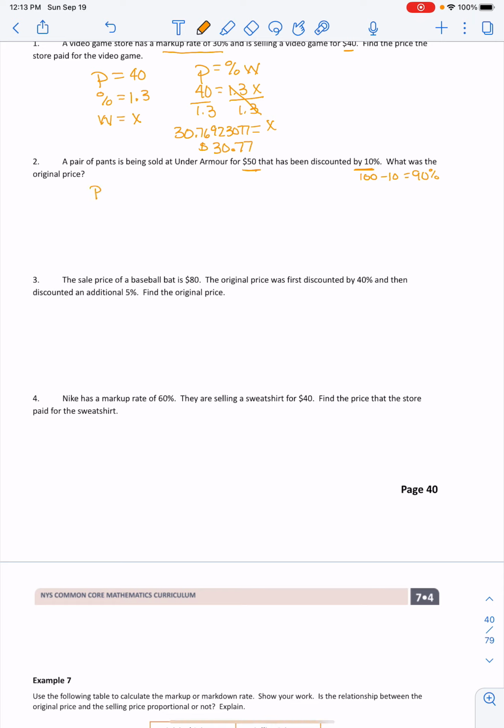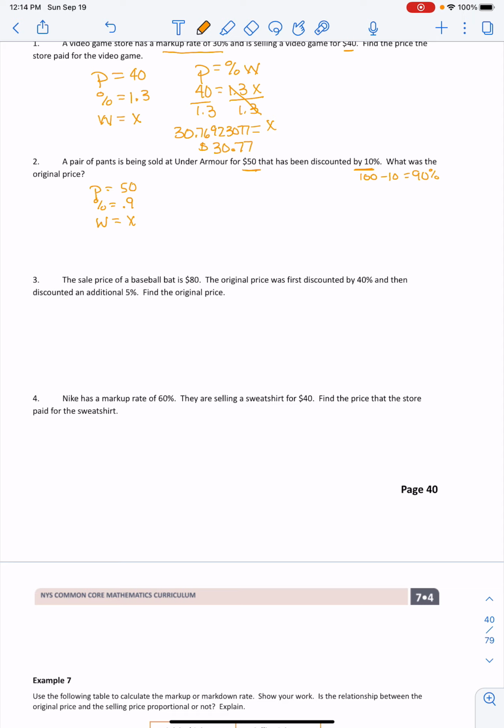So we have P, percent, and W. So for this particular case, what we are going to do is we have our part is 50, our percent is 0.9, and we are looking for the original price.